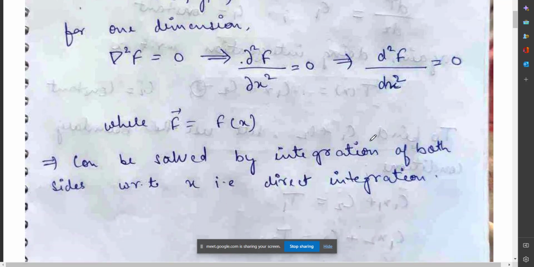This happens only if our function f is a function of x only, one dimensional. So the Laplace equation can be solved by integrating both sides with respect to x, by the direct integration method, only when it is a function of x only.